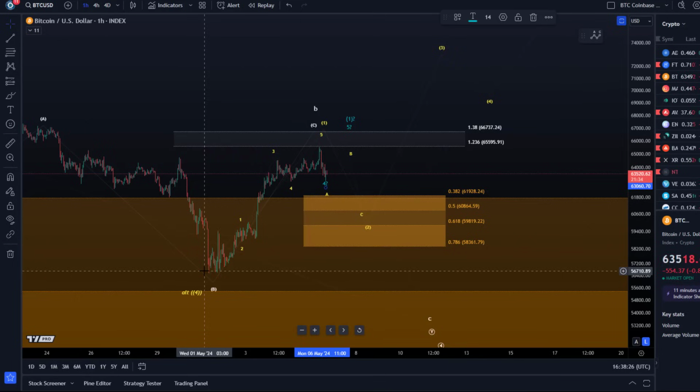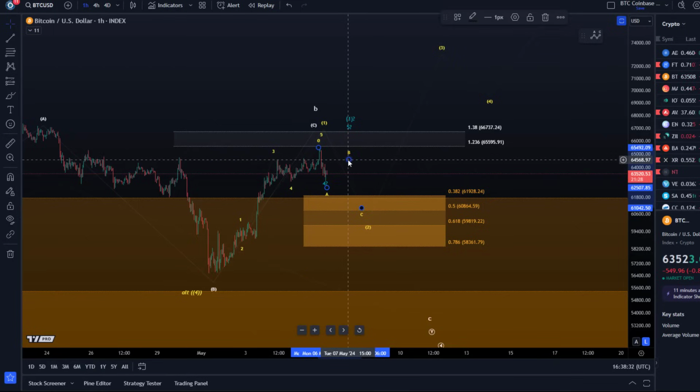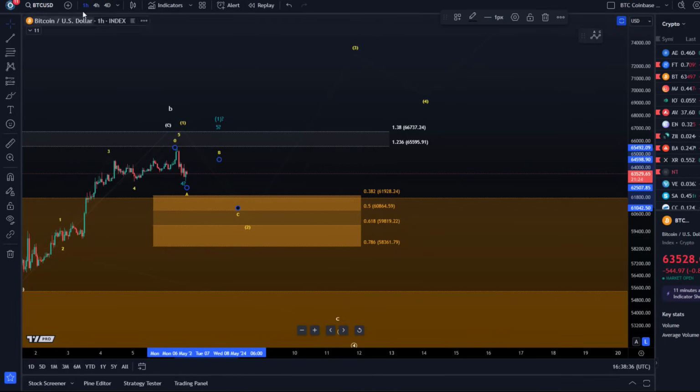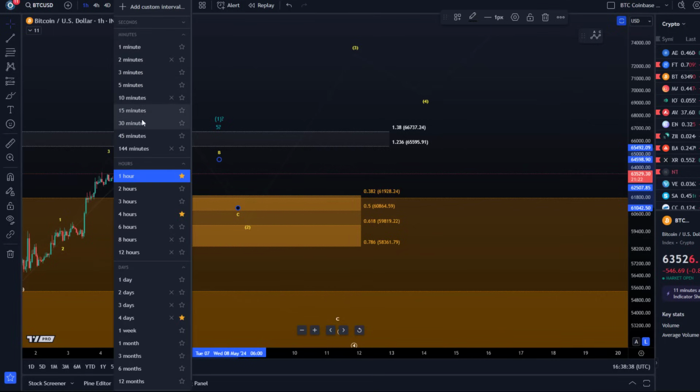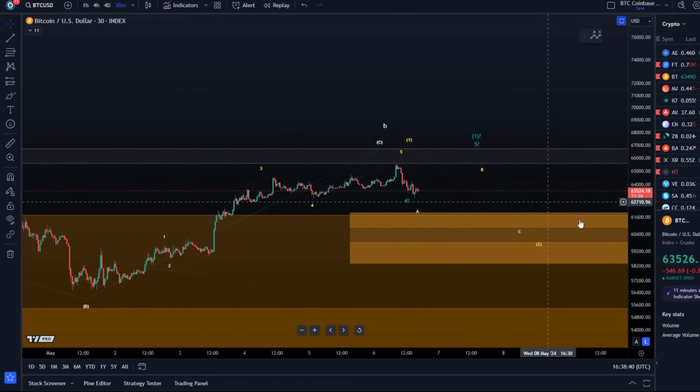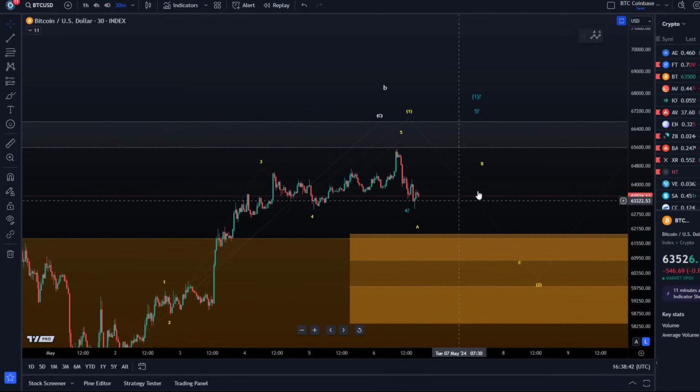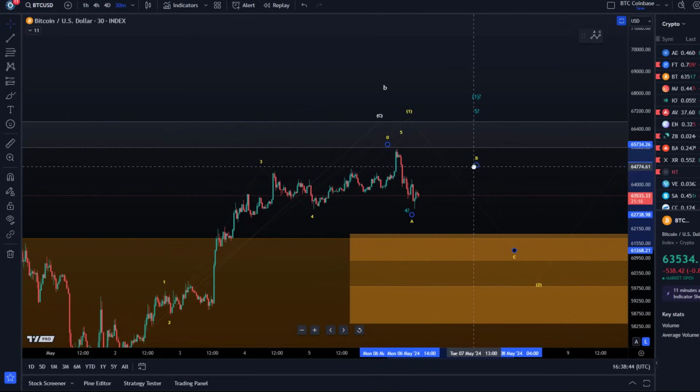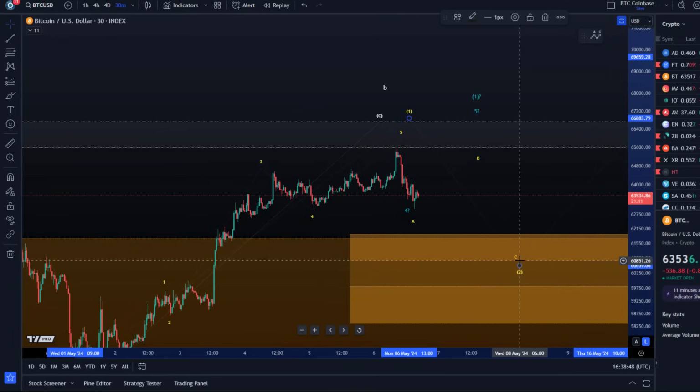Even if we are moving in an ABC structure now, as per the yellow scenario, the next rally should be corrective. There would be a B wave, which might have started. There's a small, tiny reversal candle. If we go to the 30-minute chart, you can see that it's just tiny, so it's not really sufficient. But it could be that the B wave starts somewhere from here, and then a C wave down should send us into the orange support zone.